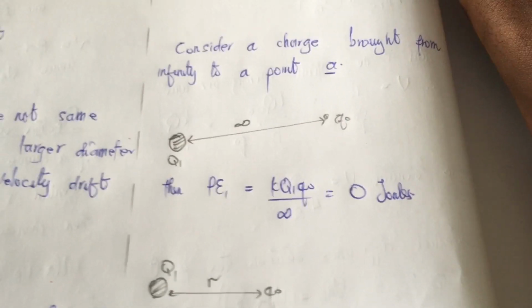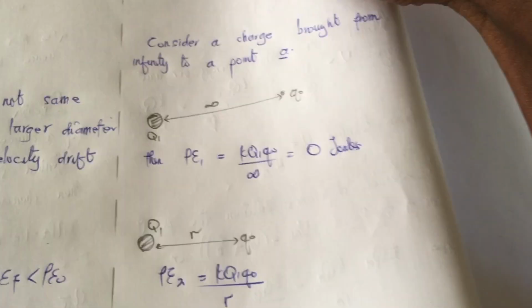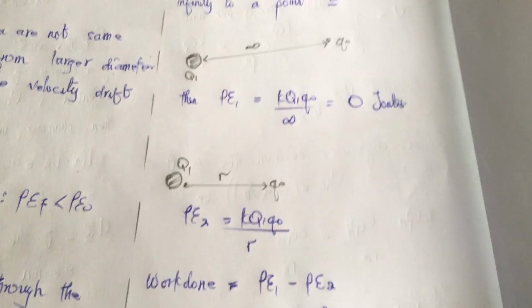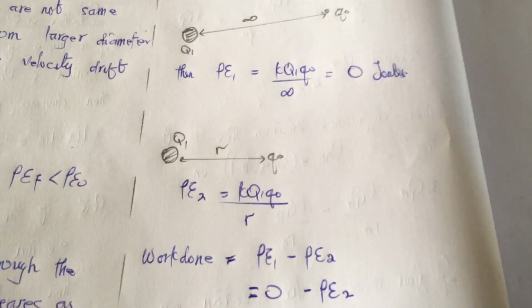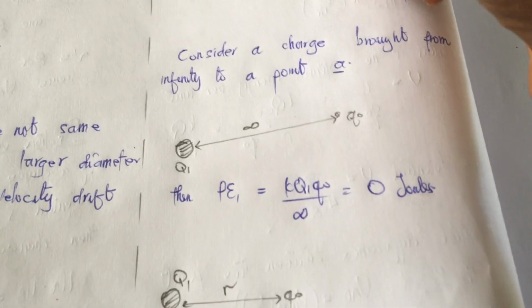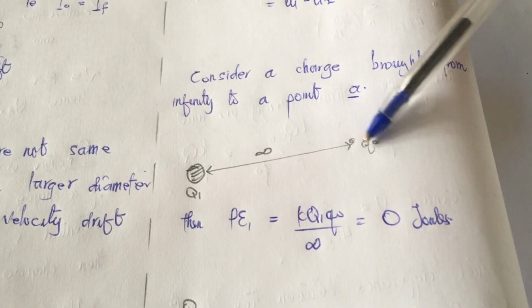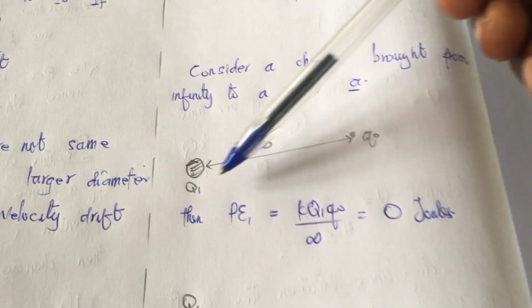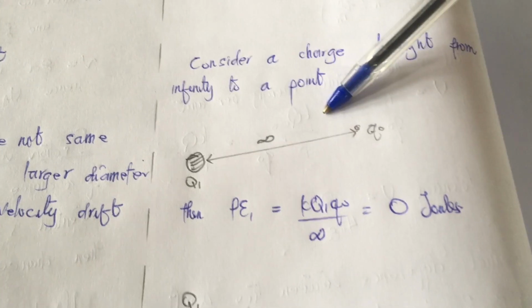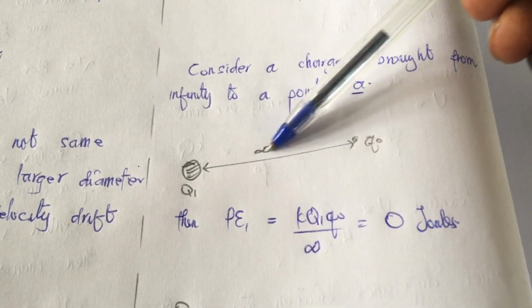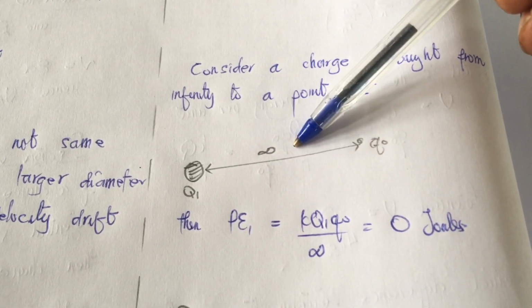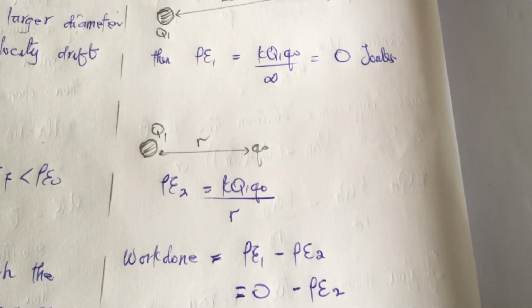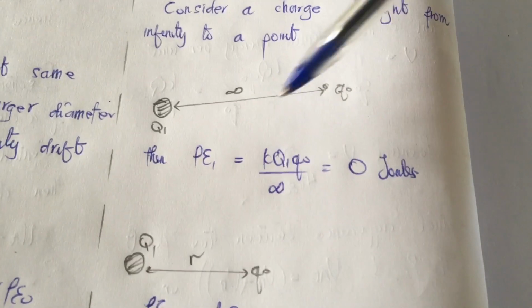Now, let me explain something small to you. Let's say that the test charge is not at infinity. Let's say we have a point A, and the distance is A; it's not at infinity.